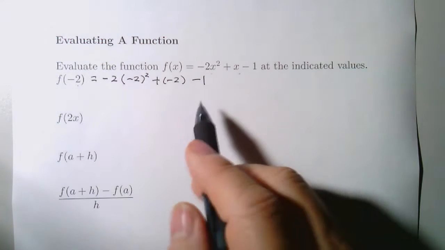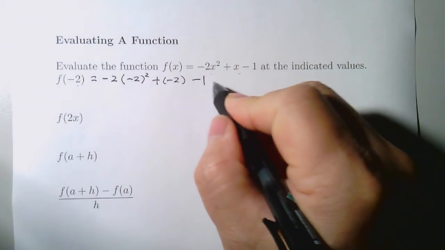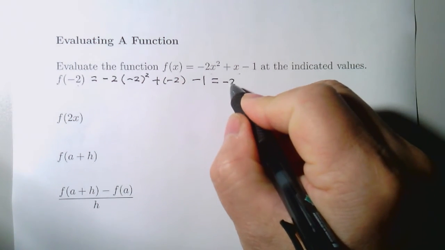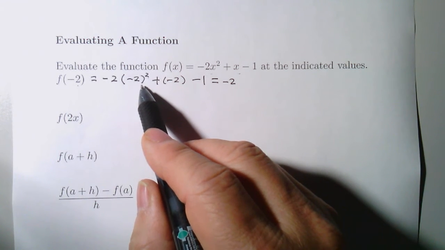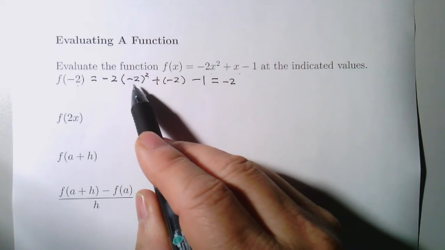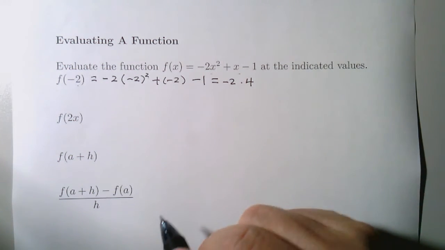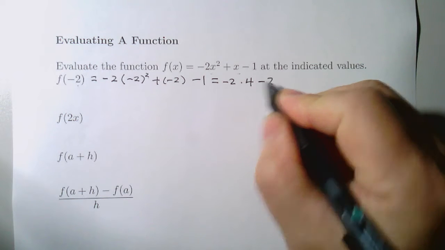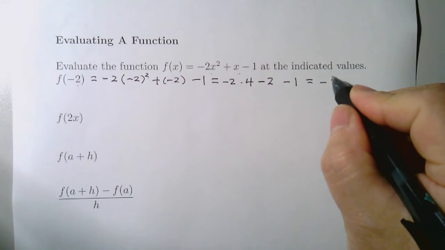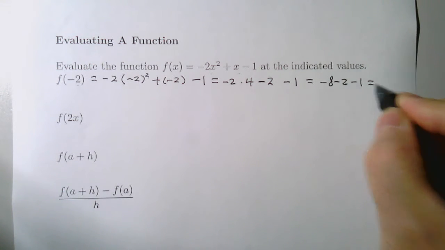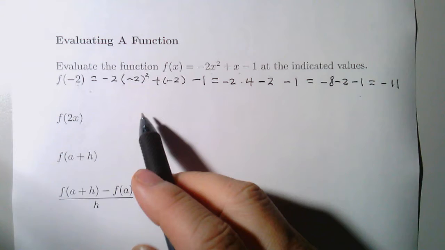Now you just follow the order of operations. Because this involves an exponential expression, you need to evaluate that first. (-2) squared equals 4. And plus -2, you can just change this to -2 and -1. So now you can see I have -8 - 2 - 1. Combined together, that is -11.